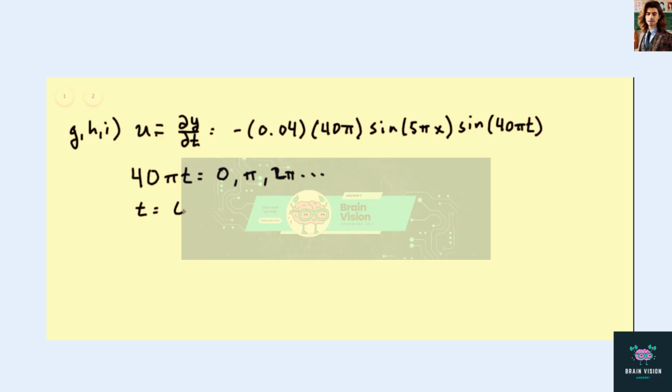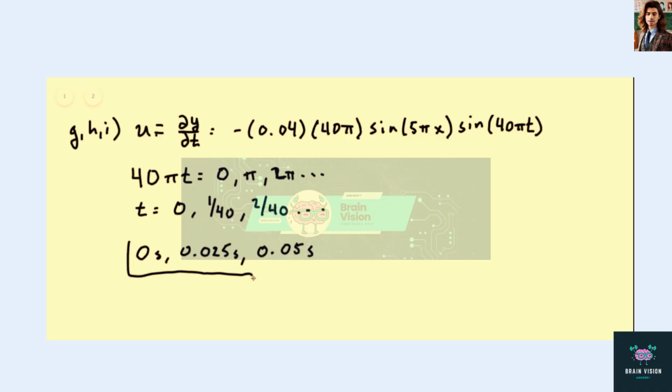So this means that t is 0, 1/40th, 2/40th, etc. So we have 0 seconds. 1/40 is 0.025 seconds. 2/40 is 0.05 seconds.